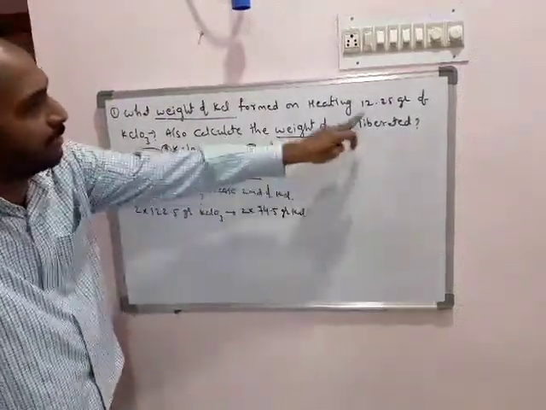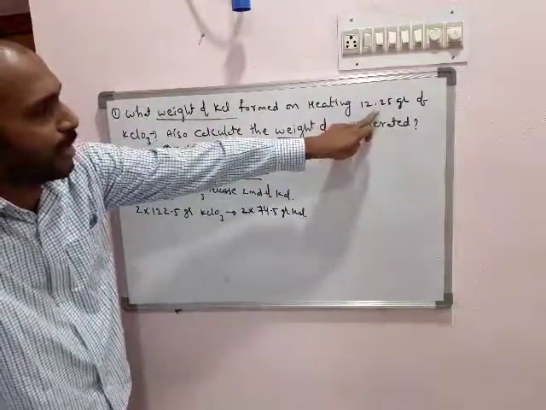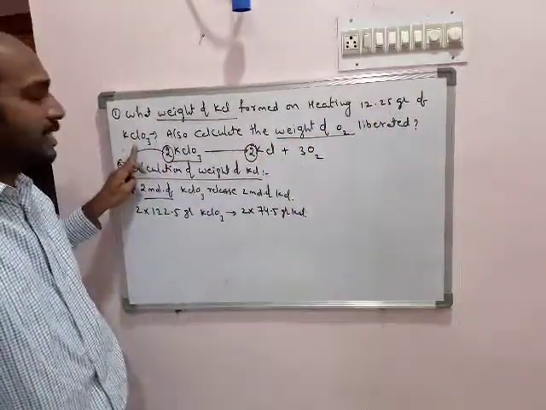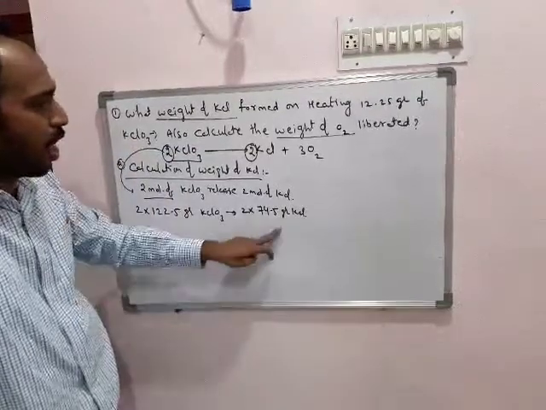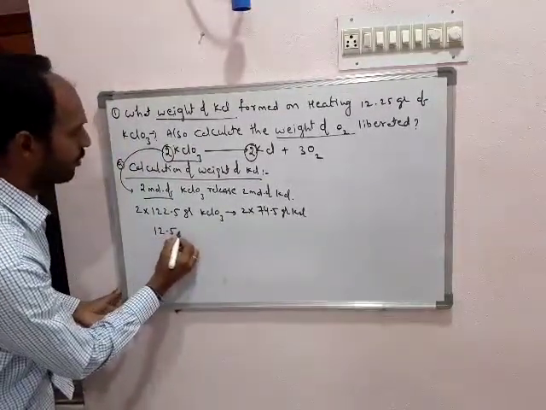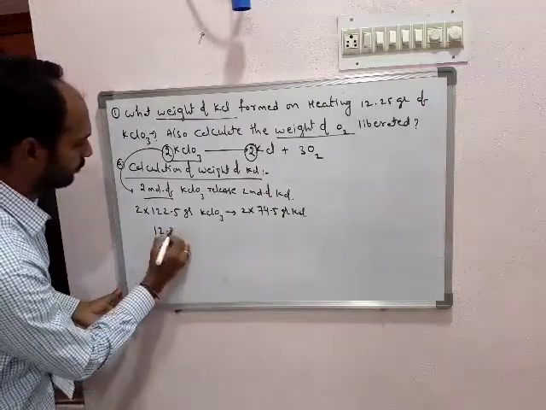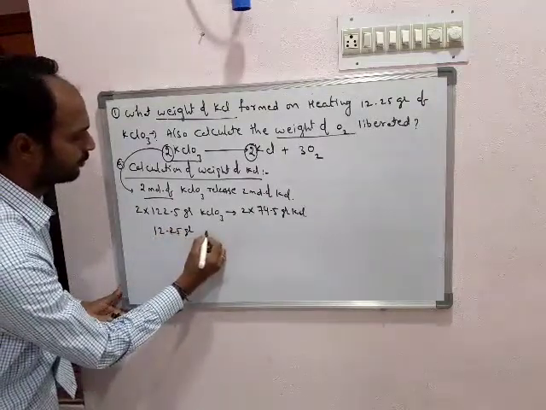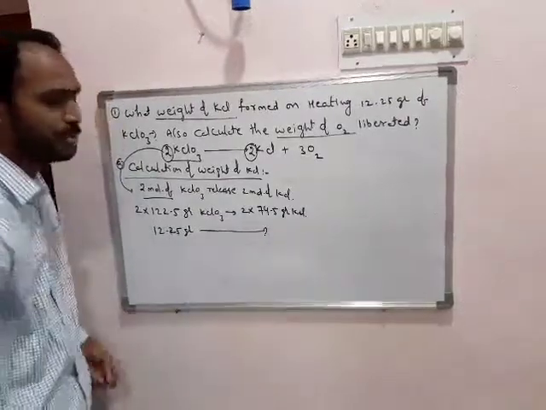Here we need to find, in the given problem, 12.25 grams of KClO3 can produce how much KCl? Simple.